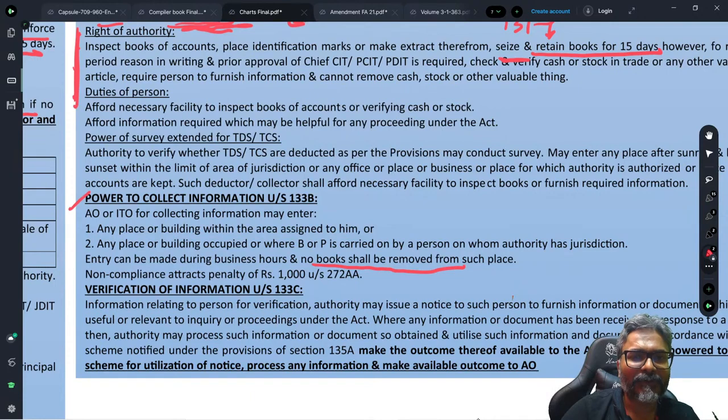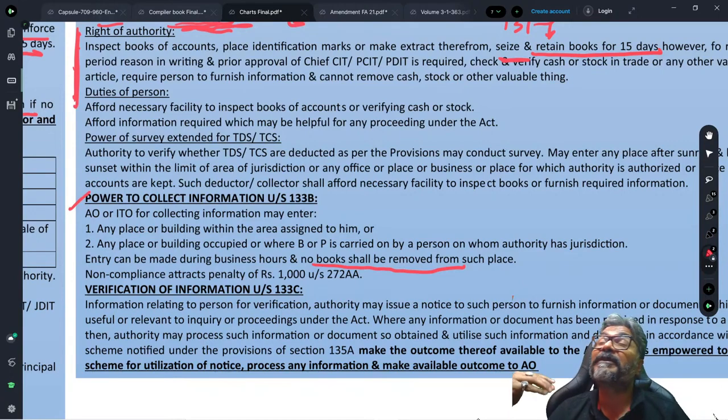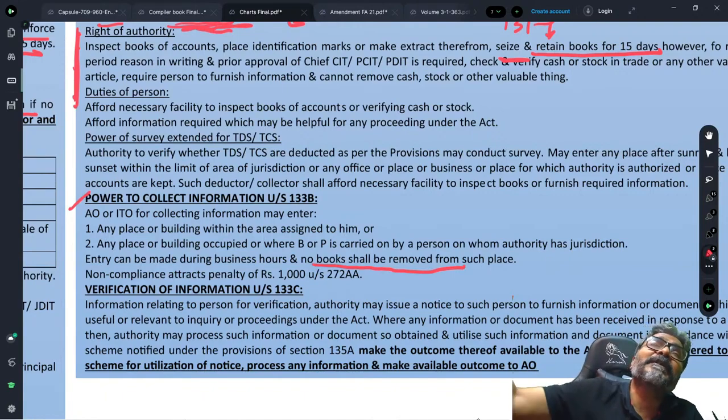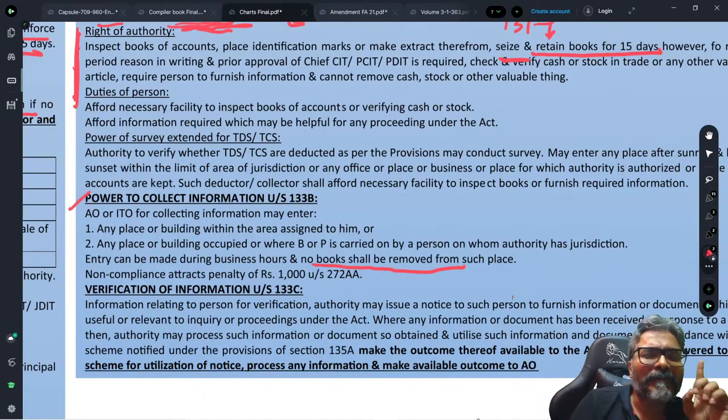is this: why is it that the AO will even think of exercising the power under 133B when he is visiting the place of business, but he cannot impound the books? Then why will he prefer 133B? There is one major reason, students.